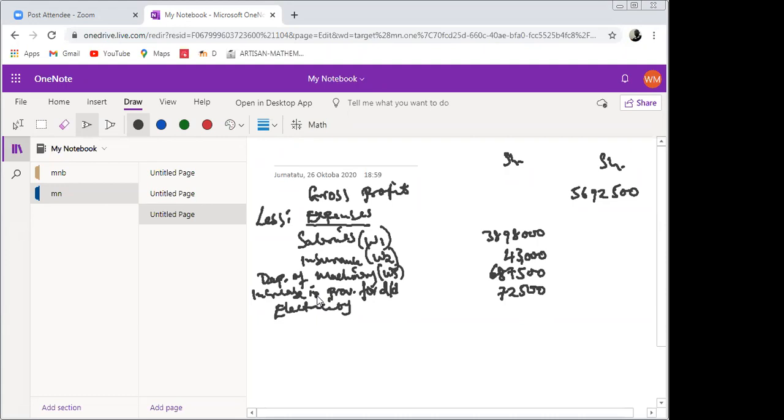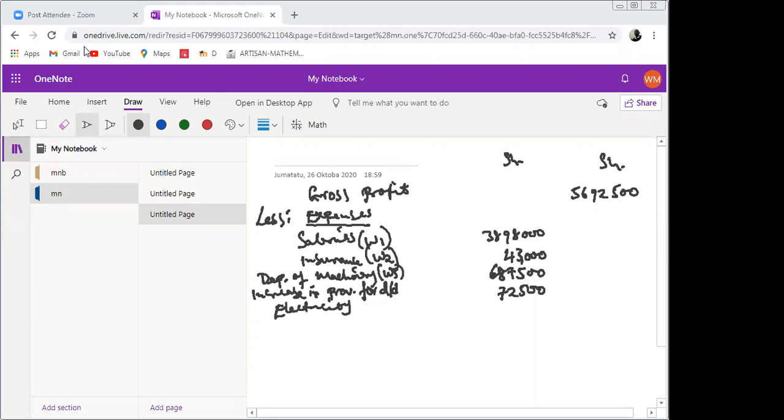Are you able to see it well? For electricity, 470?